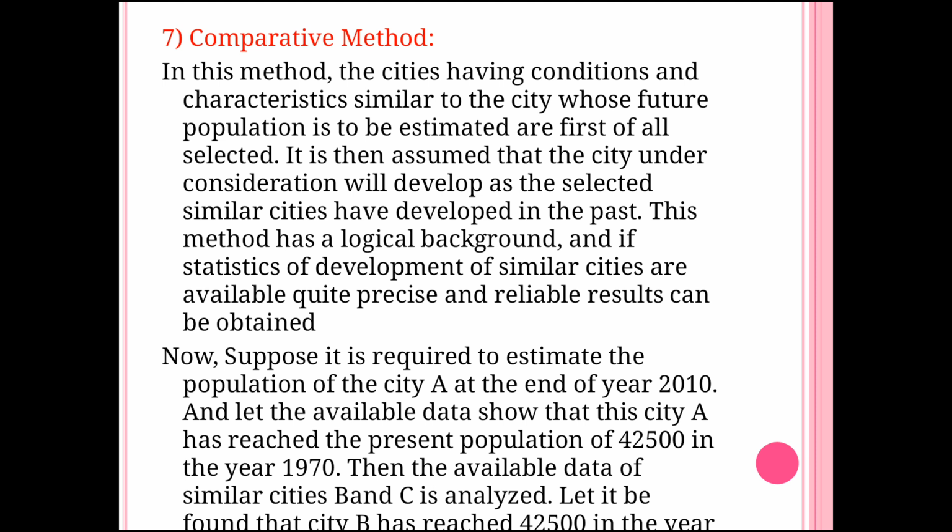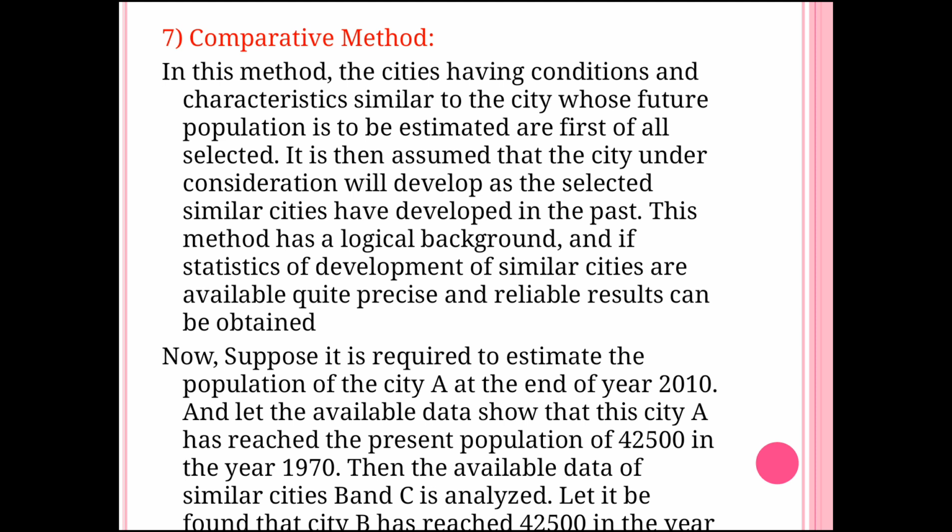Now the last method is the comparative method. This is the last mathematical method to calculate population forecasting. In this method, cities having conditions and characteristics similar to the city whose future population is to be estimated are first selected.